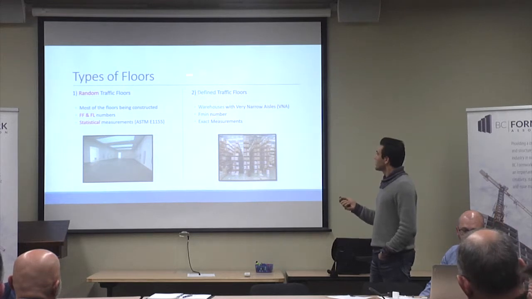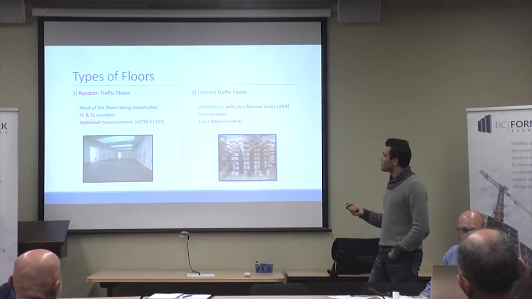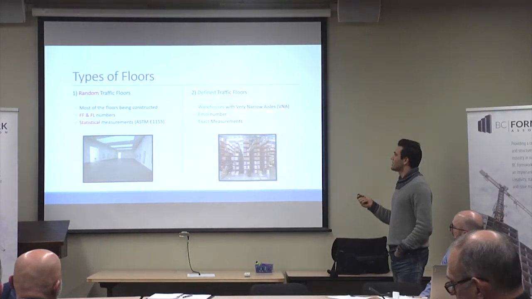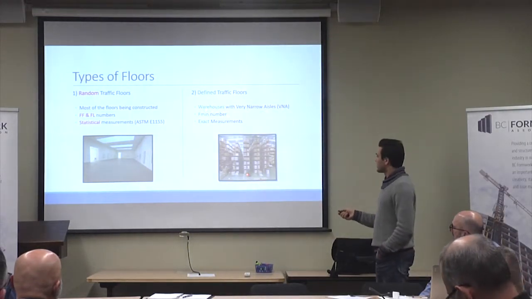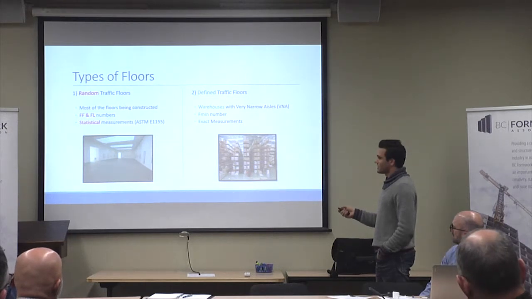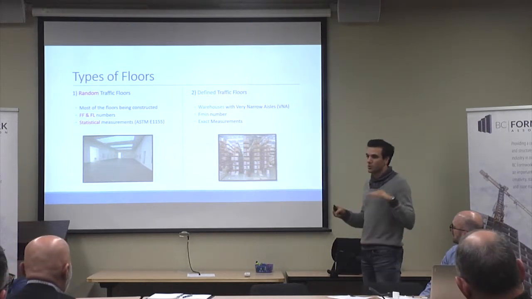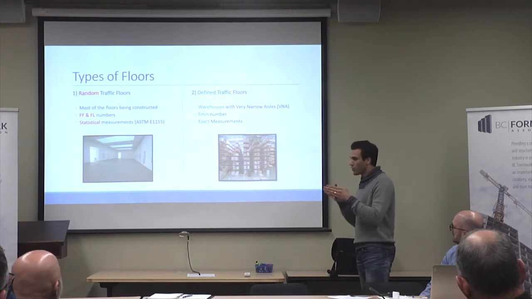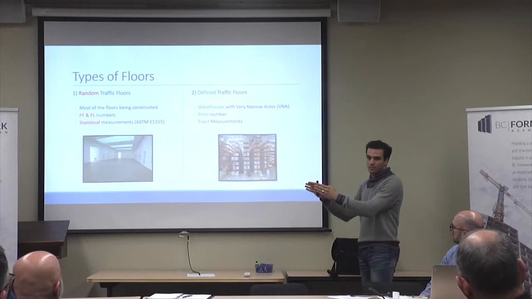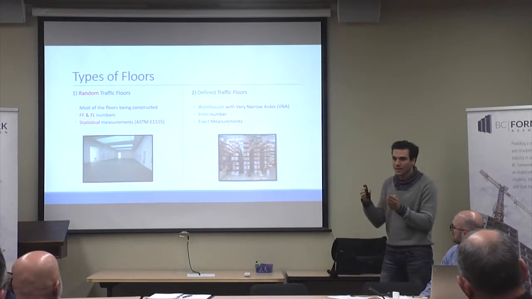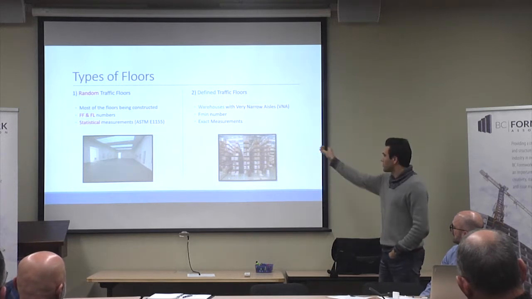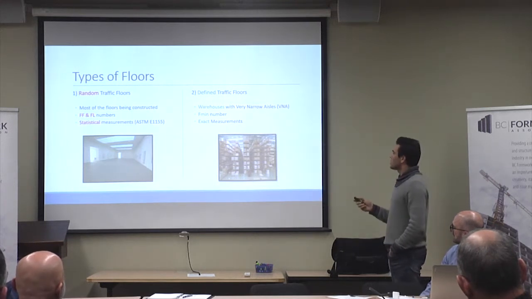There is another type called defined traffic, which mostly happens in warehouses with very narrow aisles, where a lift truck or material handling machine goes back and forth between the aisles, and the wheels go on certain tracks. It doesn't have any room to go side to side. It's just going back and forth through the aisle. So that's called defined traffic. We for sure know where it's going.